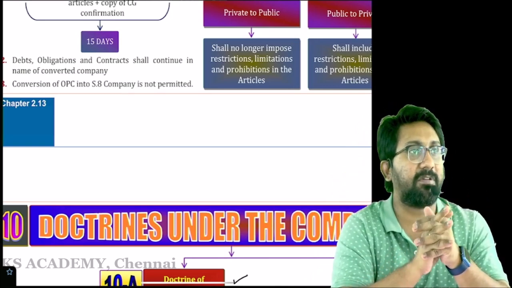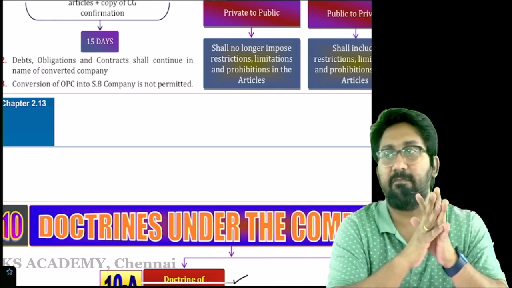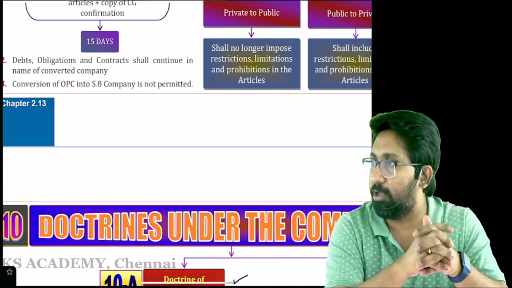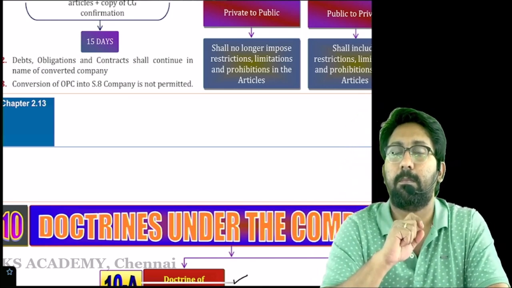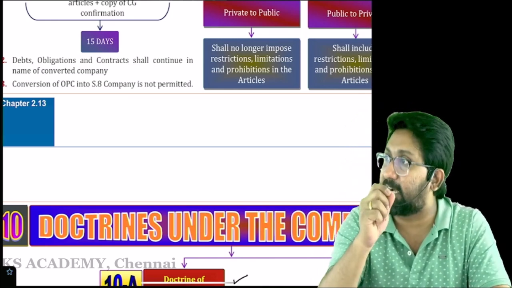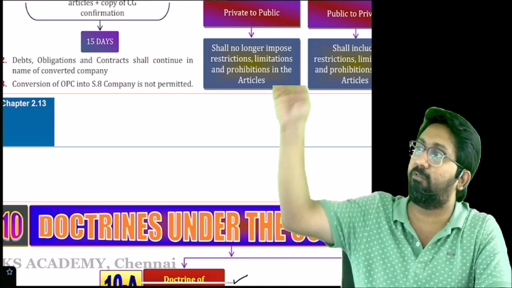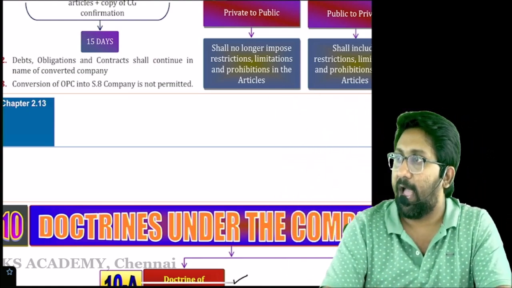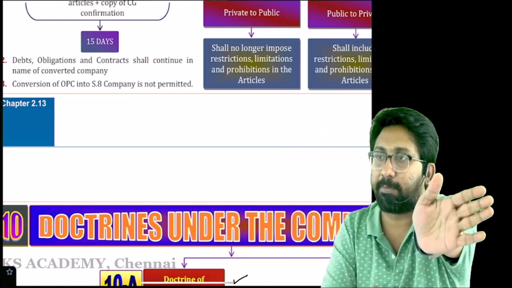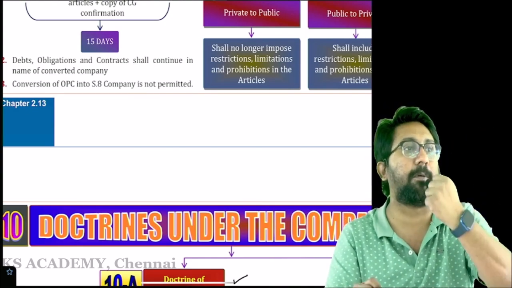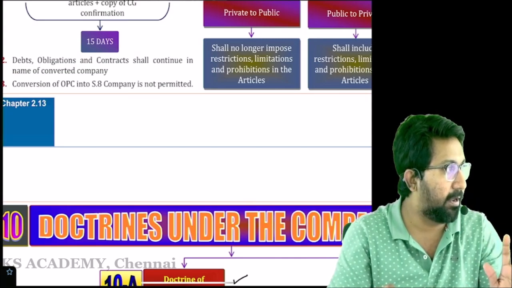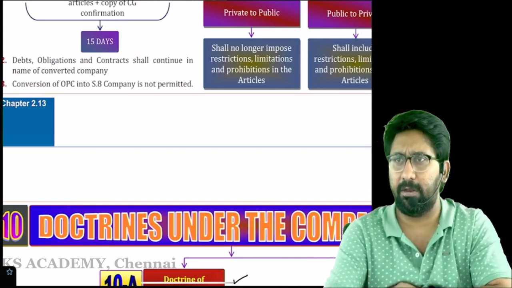Public documents are only registered MOAs and AOAs, not every MOA and AOA. Okay, if I write at my home and say it is a public document, no. Once registered with ROC, they get the status of public document. Clear everyone?